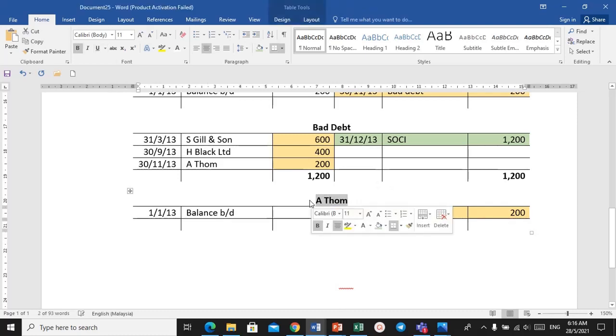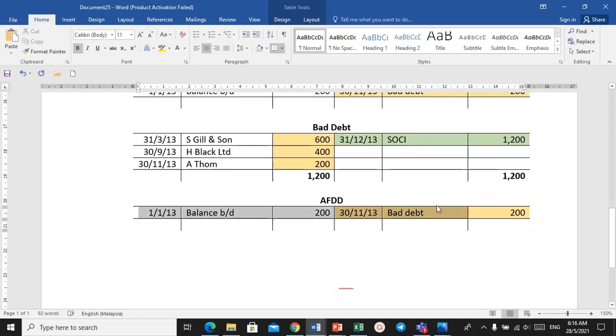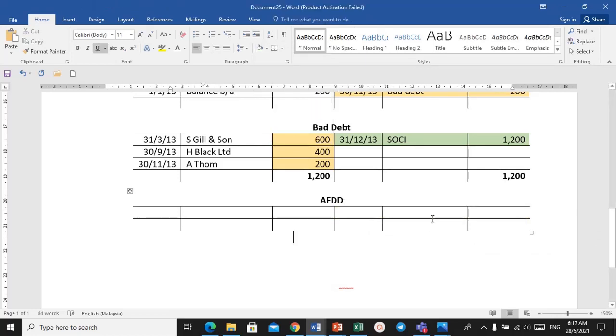So we have this allowance for doubtful debt account. This is the account to record the allowance for doubtful debt.